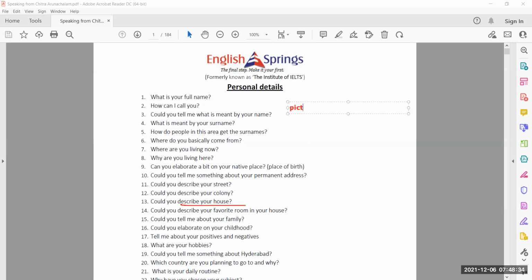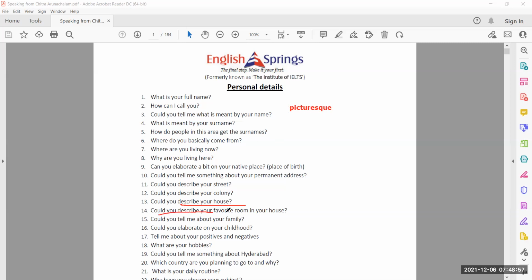Here I have used the word picturesque, which means when you want to say something is so beautiful and pretty, you can use this word. So this is all about your house, and you can also talk about the colors of the room.